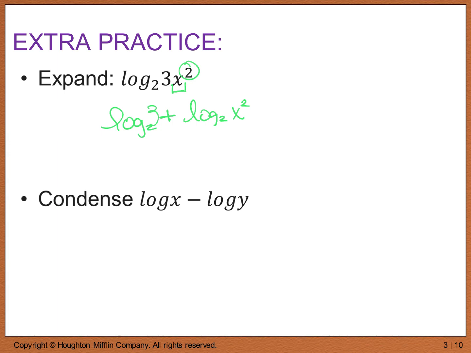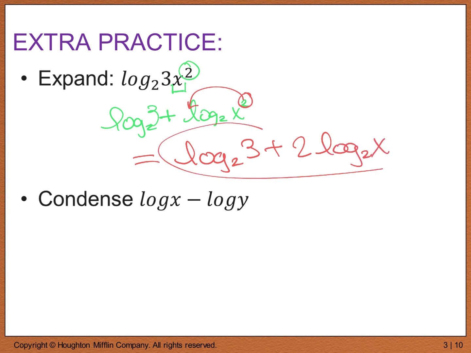I need to take that exponent, bring it down up front. So my final answer would be log base 2 of 3 plus 2 times the log base 2 of x. I can't cancel anything out, so this is completely simplified.